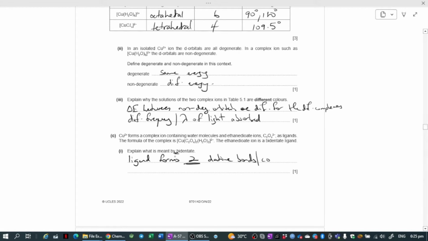Or coordinate bonds. You may refer to it as coordinate bonds, with the central metal atom or ion. So that is what bidentate means. It forms two dative bonds.